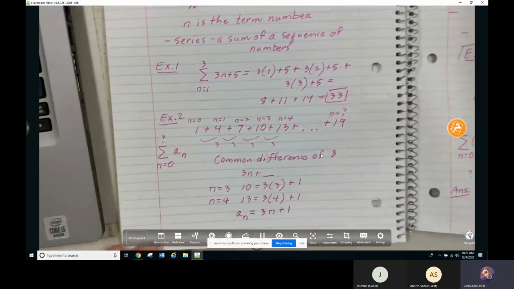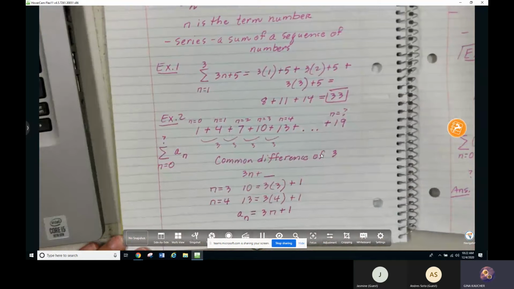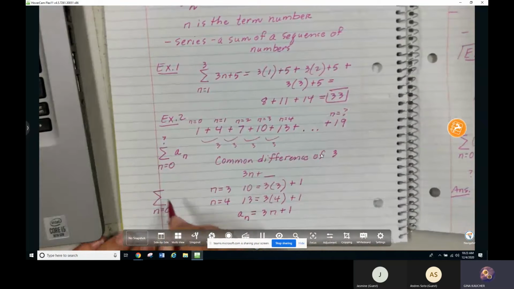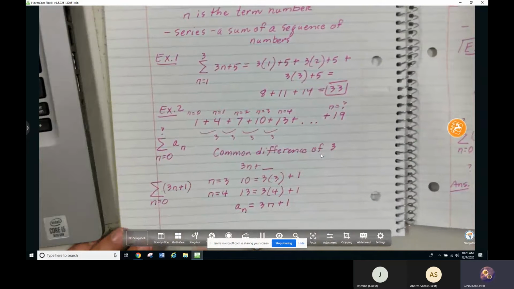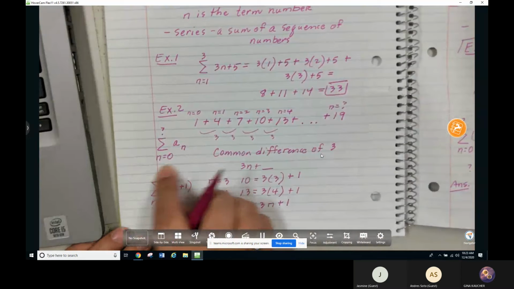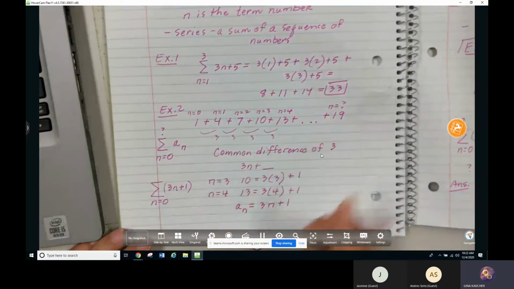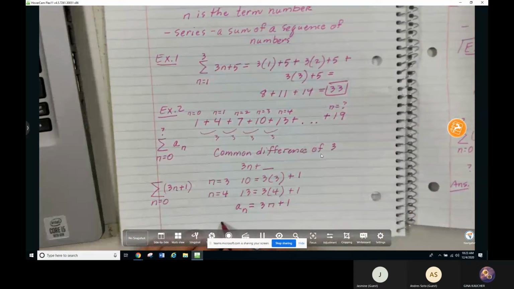Okay, so we have the rule. We just need our upper limit. So far, we have from 0 to question mark, 3n plus 1. You can put parentheses around that if you want to. Okay, so to figure out what goes up here, we know that we get 19 as the answer, so let's just do what we were doing before. 19 equals 3n plus 1.